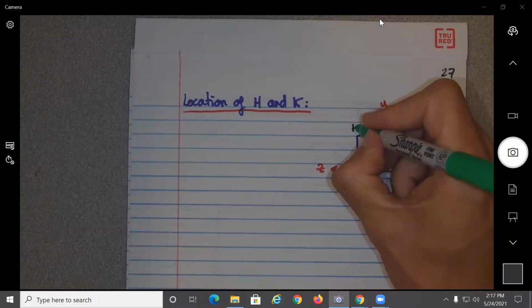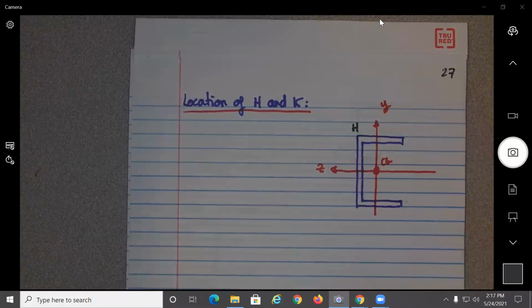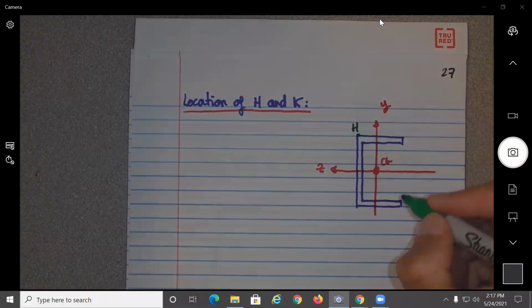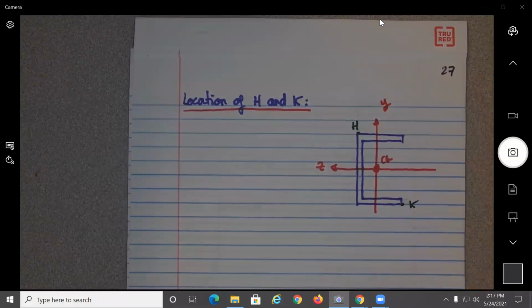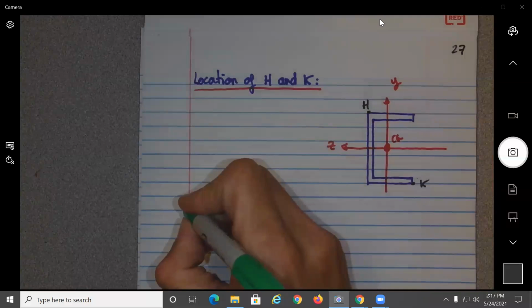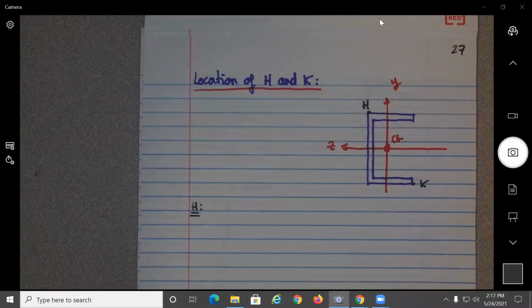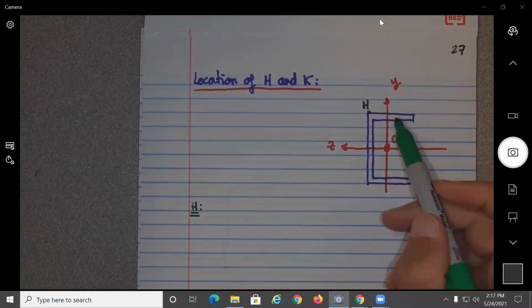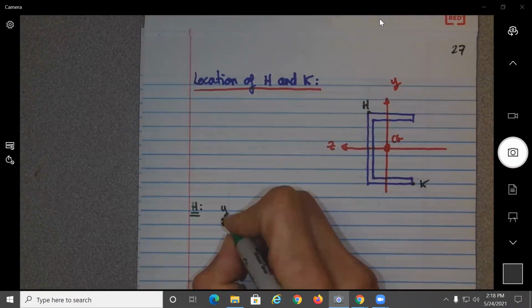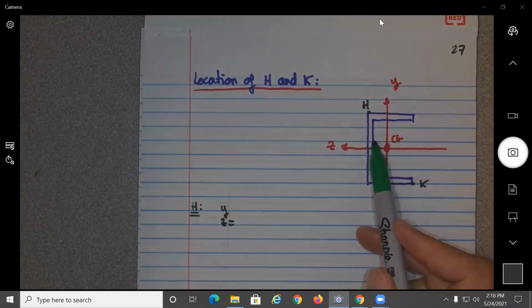Point H is that corner over here, the top corner, and K, on my figure, I don't know what it is, but let's put it over here. So here, and let's say here, okay? So where would H be located? What would be the Z? Where is that located? What would be the Z?